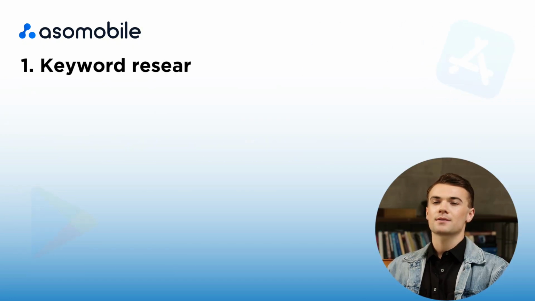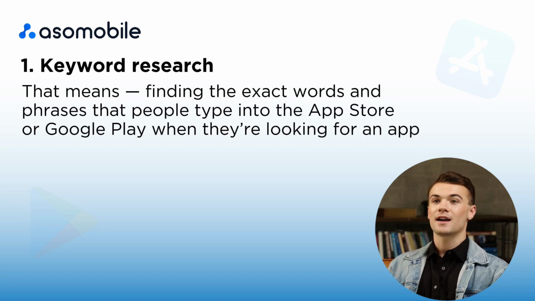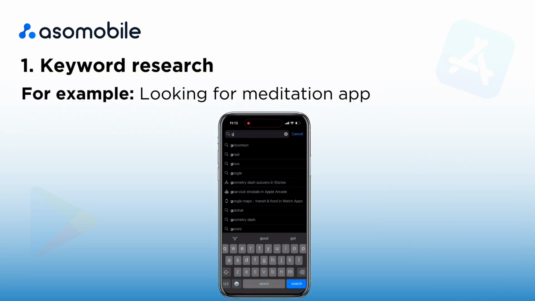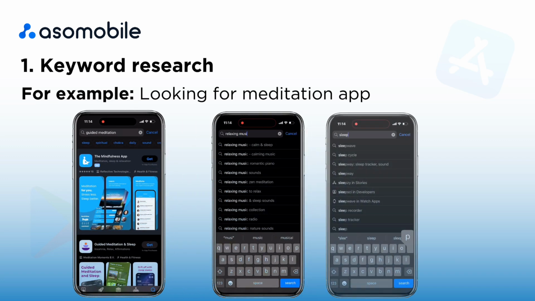One of the most important tasks is keyword research. That means finding the exact words and phrases that people type into the App Store or Google Play when they're looking for an app. For example, someone looking for a meditation app might type guided meditation, relaxing music, or sleep sounds.